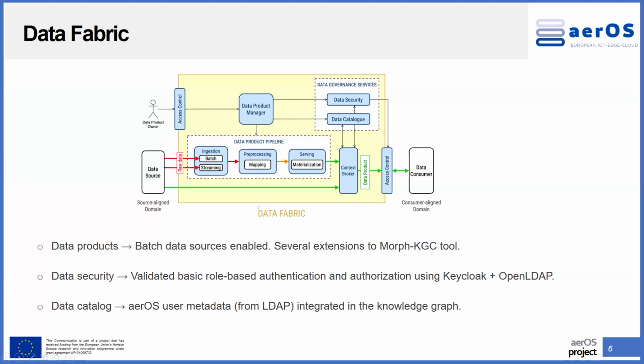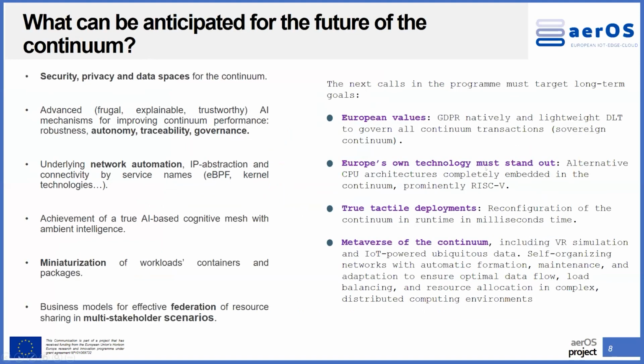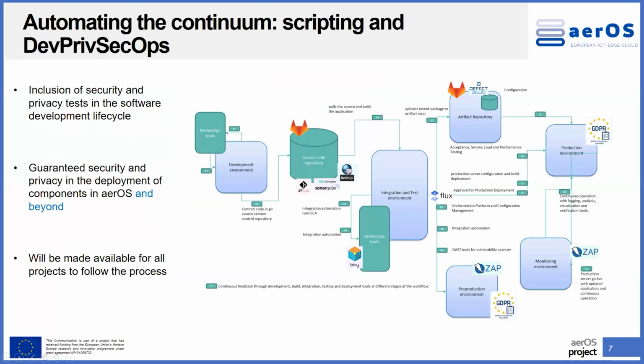Now, after we have discussed the orchestration and the data fabric components, in order to make them easily deployable and reusable with security and privacy, we have developed a methodology, which is a development and operations methodology, but having in mind from the first moment of development, and before the deployment, the privacy and security aspects.